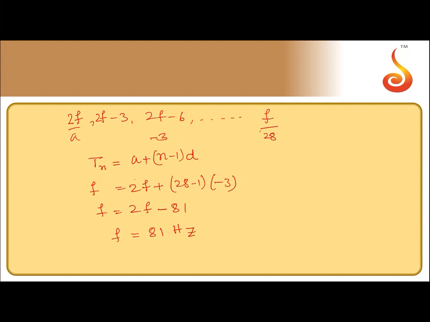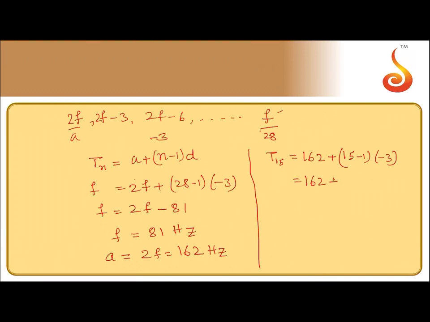So we get the frequency of the 28th tuning fork. So first tuning fork a should be equal to 2f, that is equal to 162 hertz. Now for 15th tuning fork, T15 should be equal to 162 plus 15 minus 1 into -3.